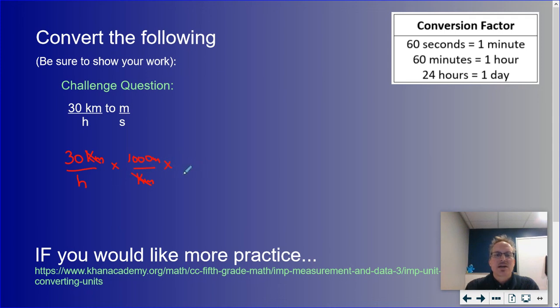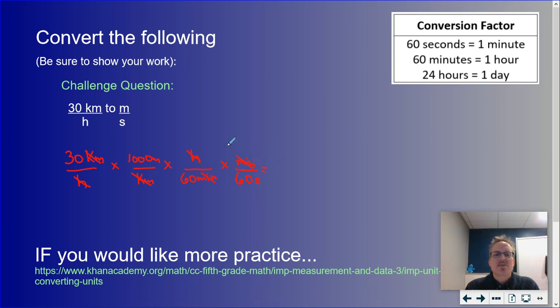Hours, I know that there is 60 minutes in 1 hour. So hours on top, hours on bottom. Now my unit on top is meters per minute, getting closer. I know that there is 60 seconds in a minute. Minutes on top, minutes on bottom.